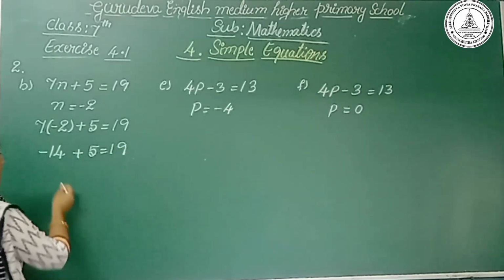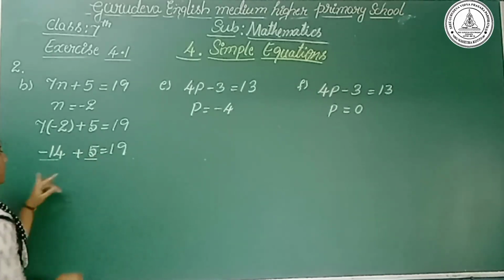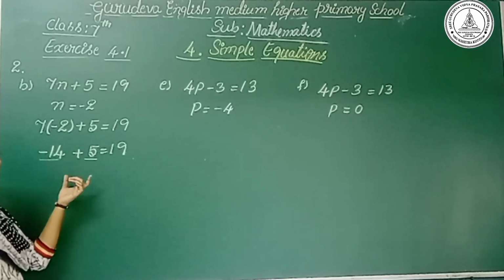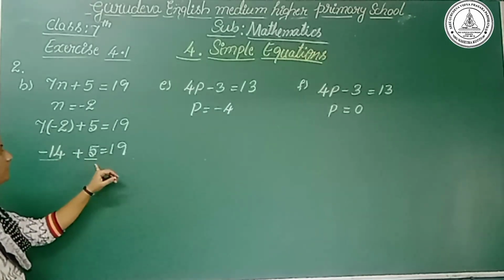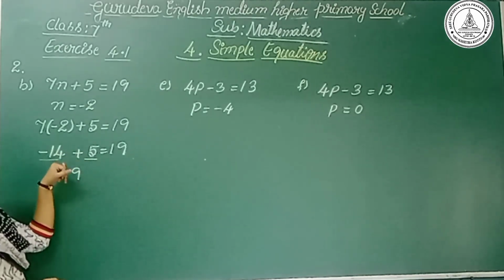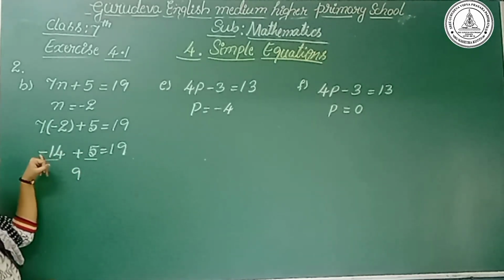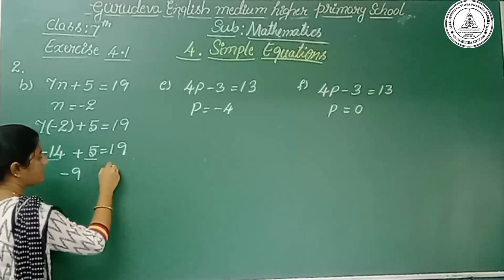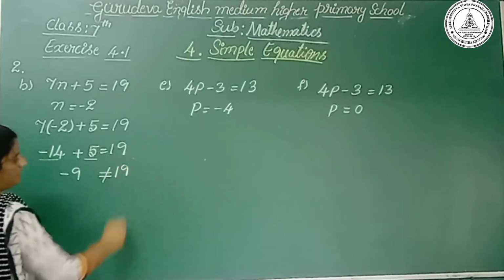You may observe here minus 14 and plus 5 have different signs, so we have to subtract these two numbers. 14 minus 5 is 9, and 14 is the greater number and it has a negative sign, so we keep the negative symbol: minus 9 is not equal to 90.